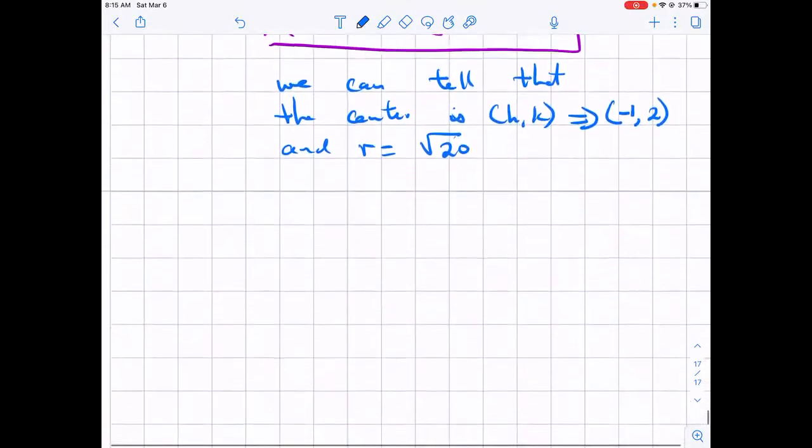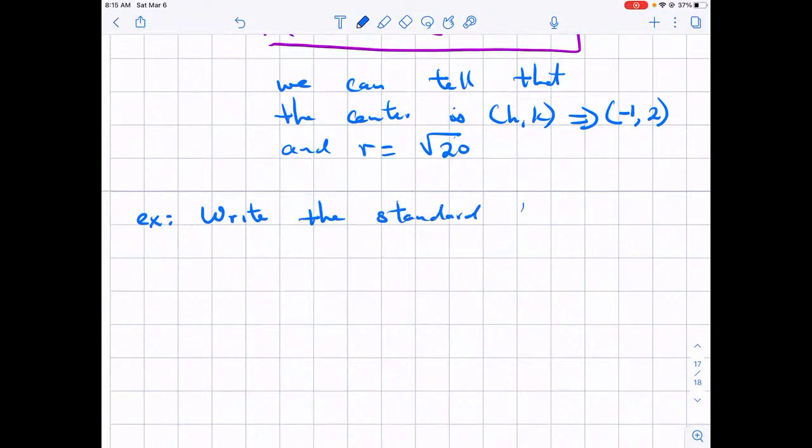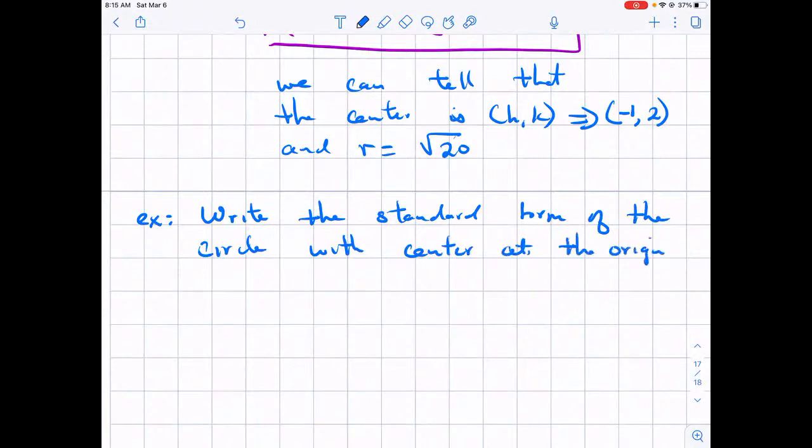So what happens if I ask you to write the standard form? Let's look at another example. Write the standard form of the circle with center at origin. That means it's 0, 0, right?